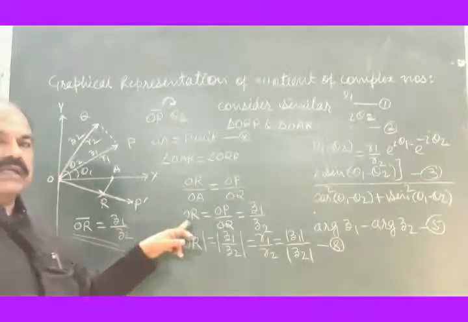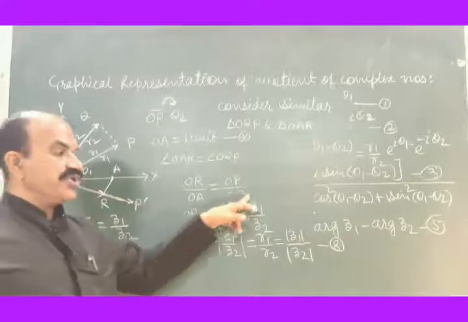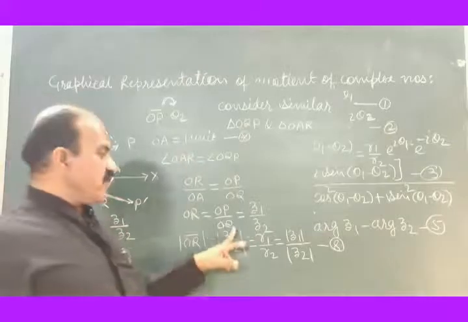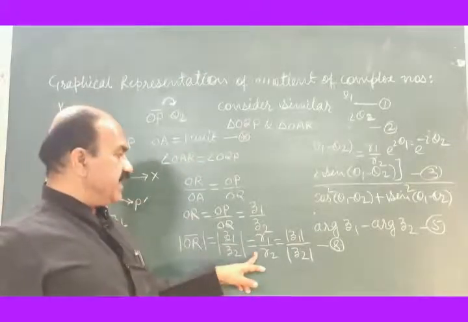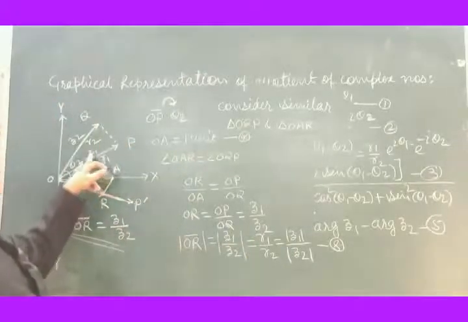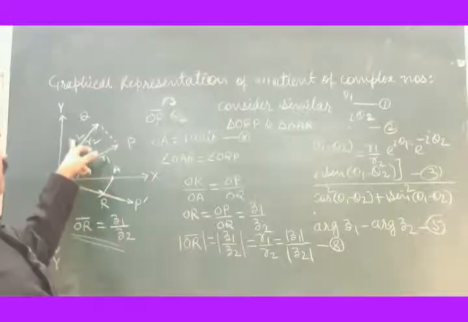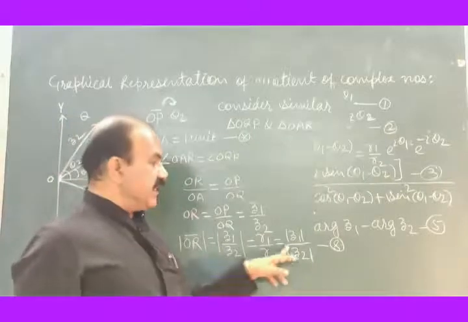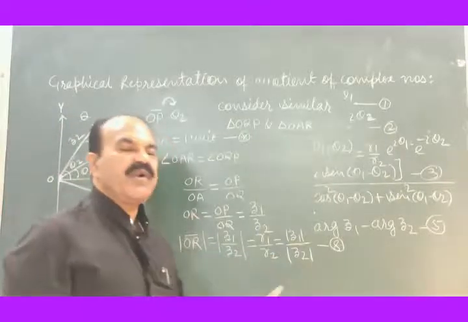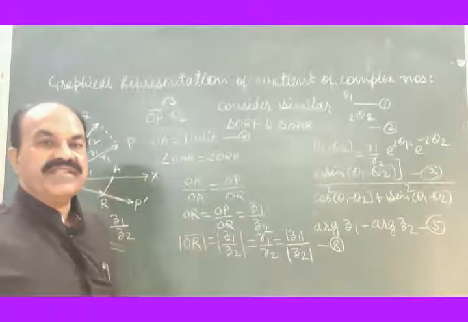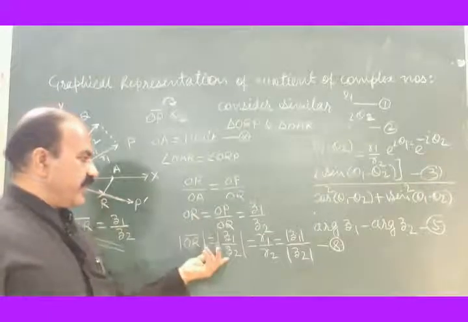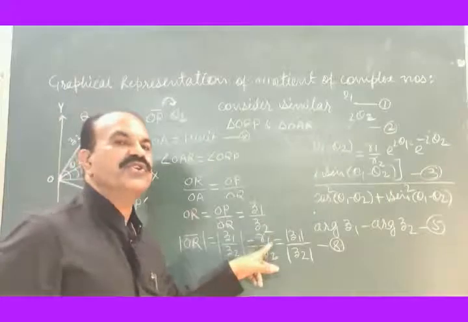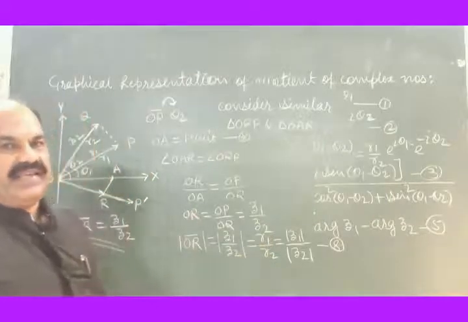Modulus of Z1 is R1. Modulus of Z2 is R2. Hence, modulus of the quotient of two complex numbers is equal to the quotient of their moduli.